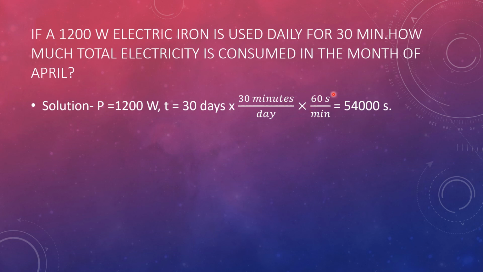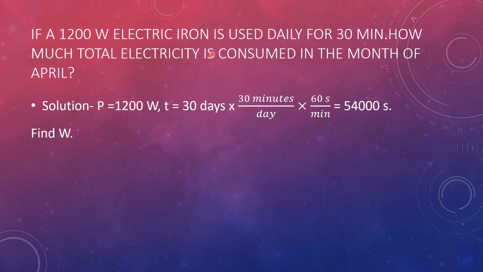So multiply it by 60 seconds, and then multiplying all these values we get total seconds of that month are 54,000. Okay, so in the month of April, total 54,000 seconds. For the 54,000 seconds, the electric iron is used.